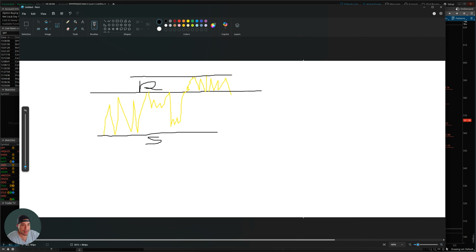So at one point, this line right here was a resistance. Remember, it was a resistance? But now, since the candlesticks are above my resistance, it's no longer a resistance. Now it's a support, okay? Because the candlesticks are above it, right?